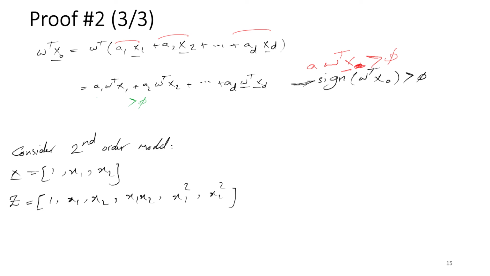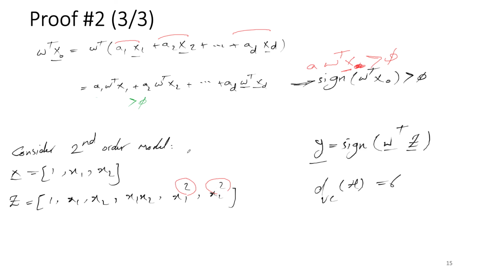If you consider the second order model, when you have quadratic form, and if you calculate that, the VC dimension of the second order becomes 6, and you see that we increase the VC dimension by increasing the complexity of the model, right?